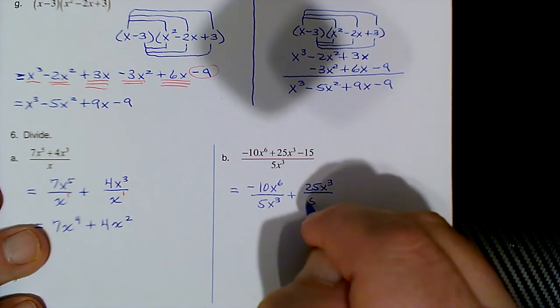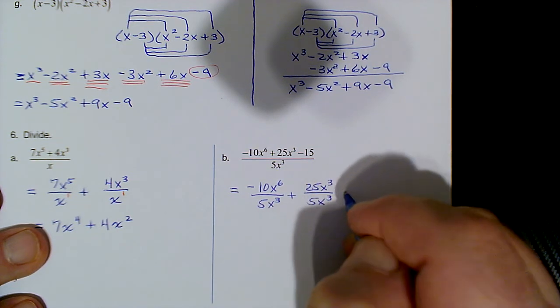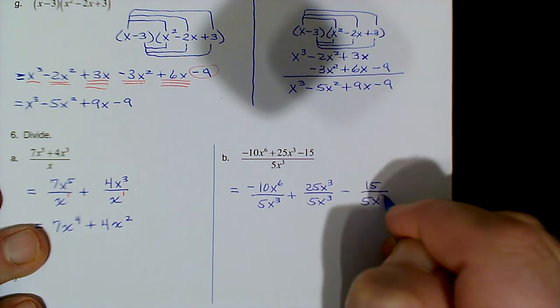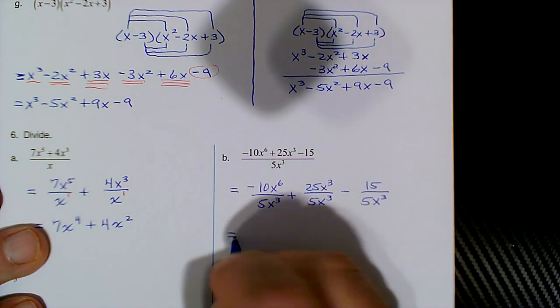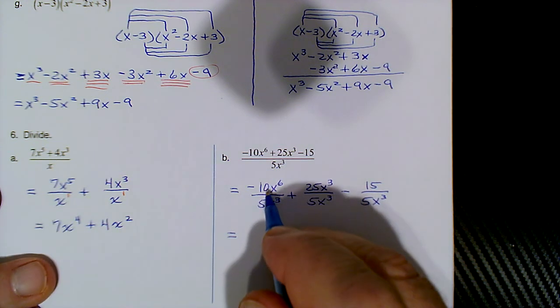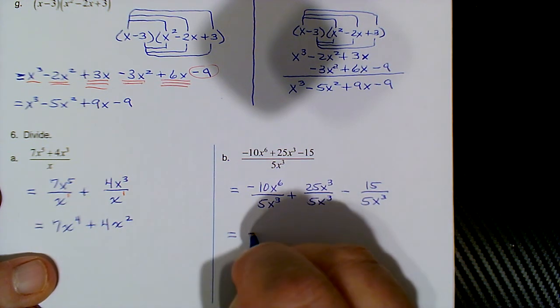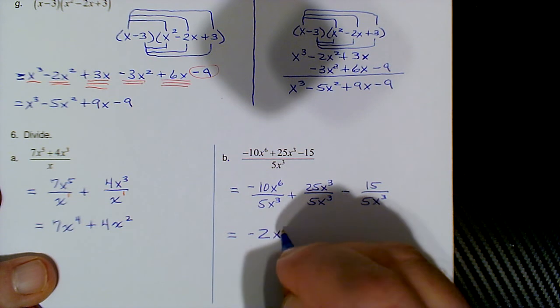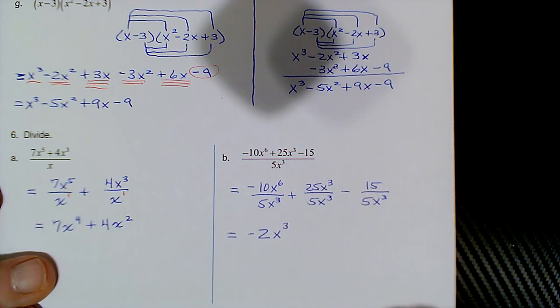And the minus 15 gets divided by the 5x cubed. And then here, in this example, you want to think about, well, for the first term, negative 10 over 5 is negative 2, and x to the 6th over x to the 3rd. Think of division of common bases. Subtract the exponents to give x to the 3rd.